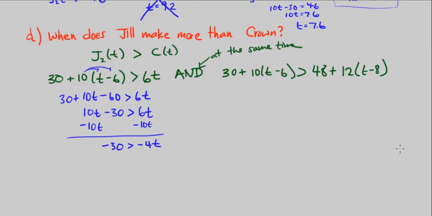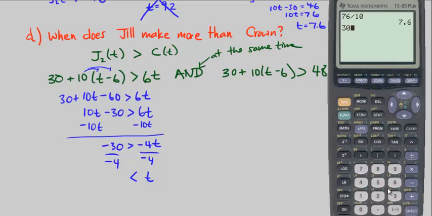Then divide both sides by negative 4, and when we divide by a negative, don't forget to switch the inequality symbol. So it's now less than. Negative 30 divided by negative 4 is 30 divided by 4, 7.5. So we know 7.5 is less than T, or we could write T is greater than 7.5. Either of these mean the same thing.